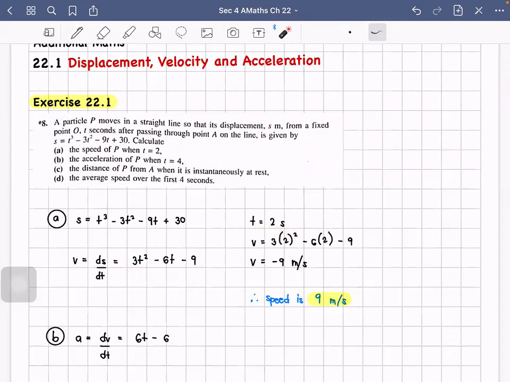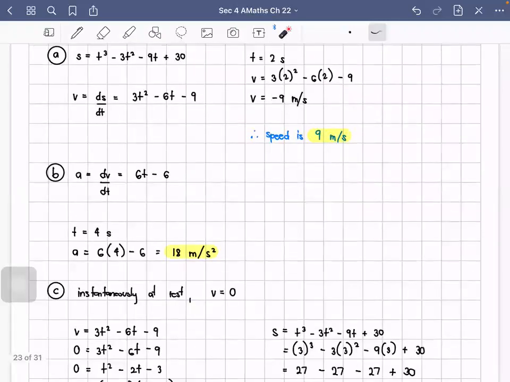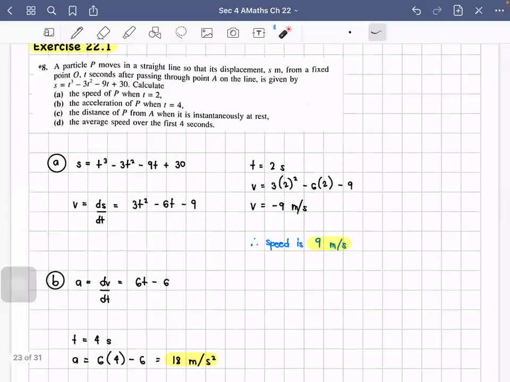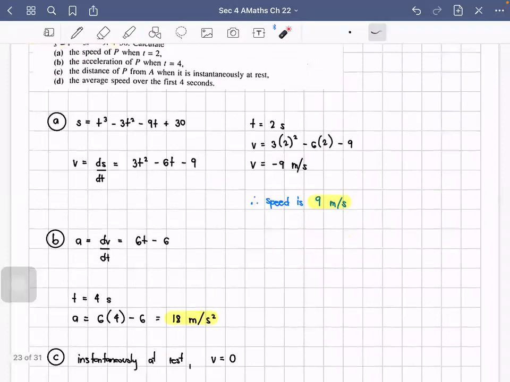Letter B, let's calculate the acceleration of P when t is equal to 4. Basically, class, we don't have the acceleration function yet. We need to get that by differentiating the velocity function, and that gives us our acceleration function. So I will get 6t minus 6.